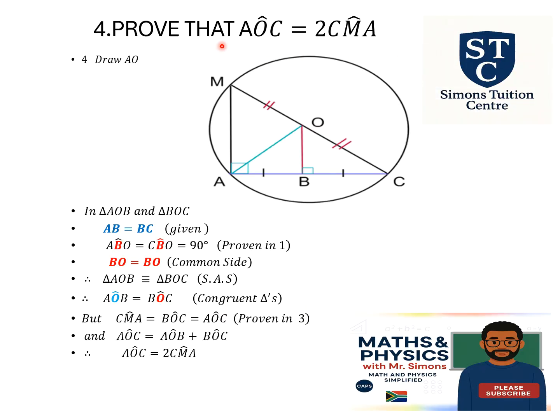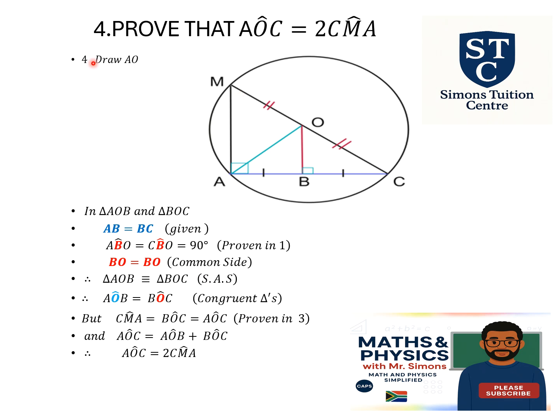Now, can you prove that AOC, this whole angle here, equal 2 times CMA? So that whole angle there is 2 times the size of this angle here. In short, that is the angle at the center, and that is the angle at the circumference.